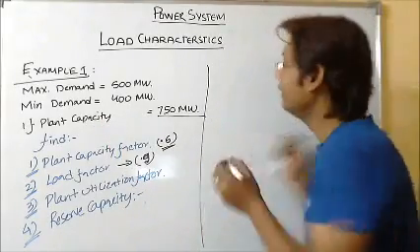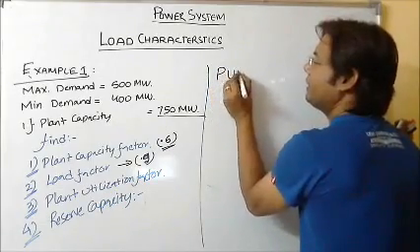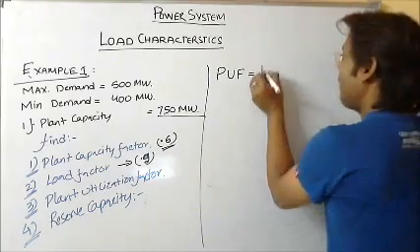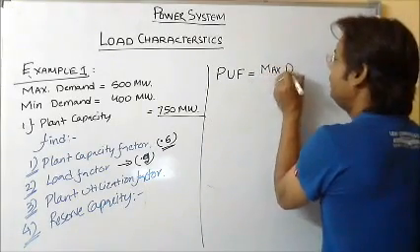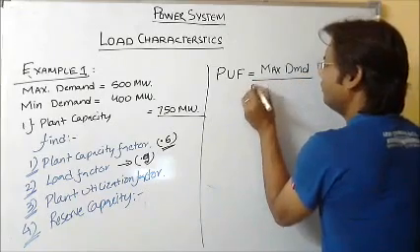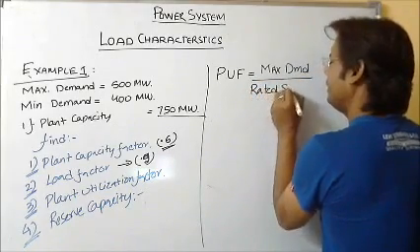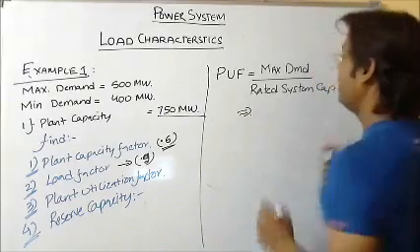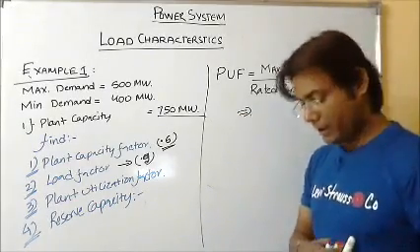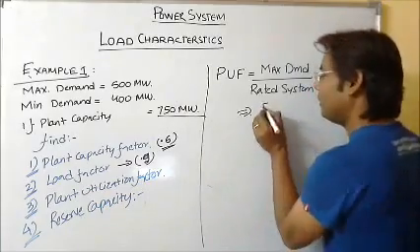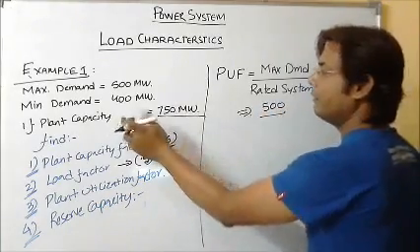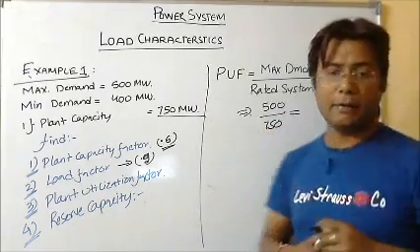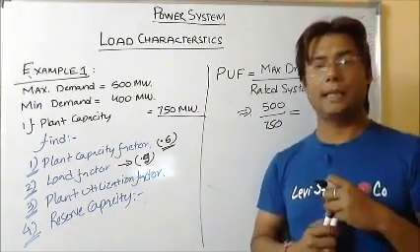So the PUF is equal to the maximum demand divided by the rated system capacity, which is, with the maximum demand already given in this question as 500 megawatts and the plant capacity given as 750. So we can find the plant utilization factor as 0.667.